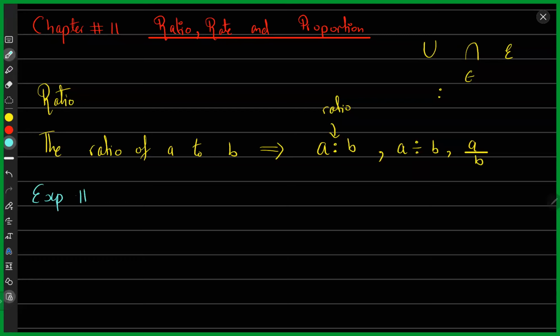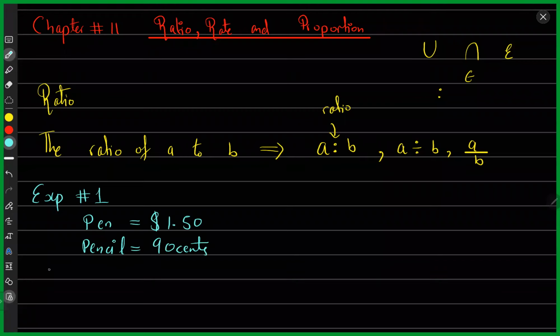Example number 1. Okay. Example number 1 says, in a stationery shop, the cost of a pen is $1.5. So one pen is for $1.5 and the cost of a pencil is 90 cents. So a pencil is for 90 cents.